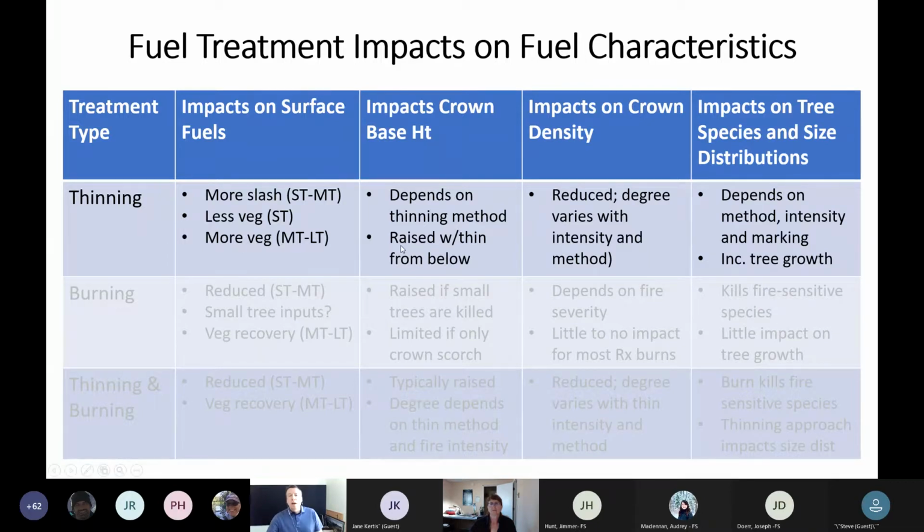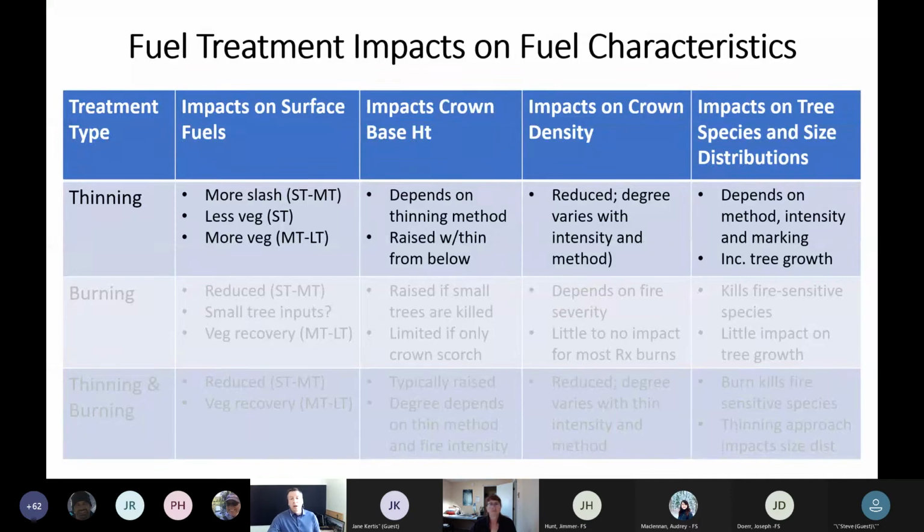Thinning's impacts on crown base heights really vary depending on the thinning method we use. That is, depending on choices we make when selecting trees to cut or leave that are based on that tree's social position or crown class. Our most common thinning method in west side forests is thinning from below, where we're preferentially removing trees from lower crown classes or lower social positions. And thinning from below consistently increases crown base heights.